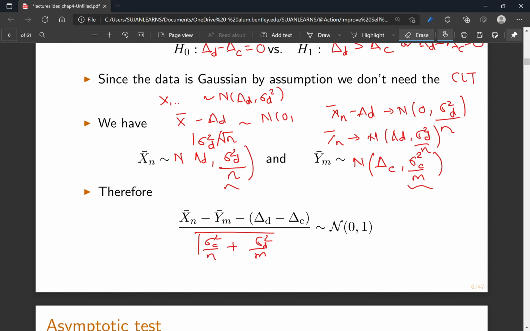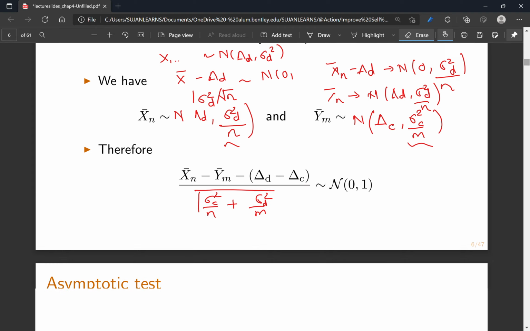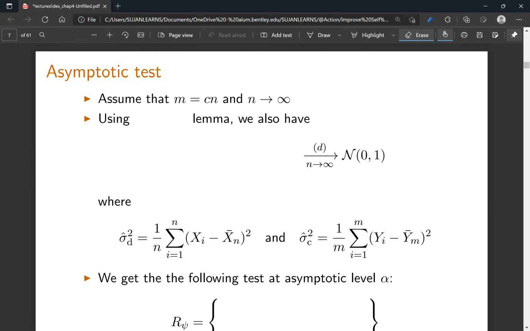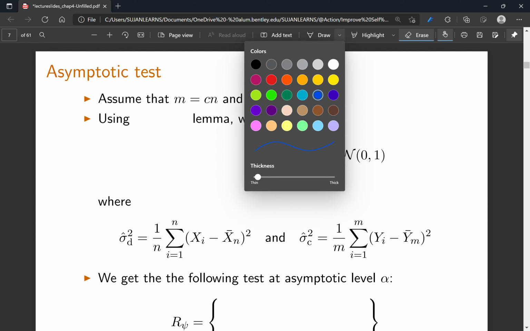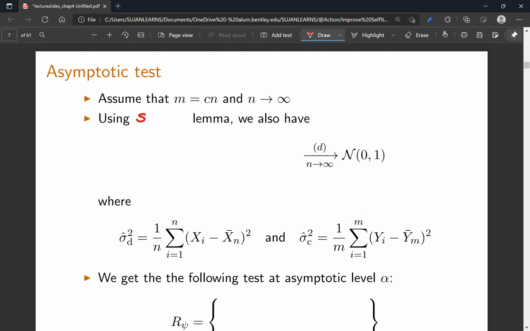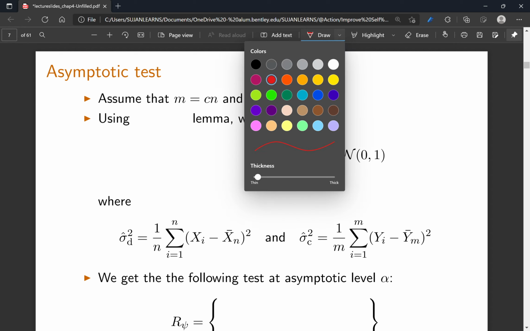How do you do that? We can do that using a theorem or a lemma called Slutsky's lemma. Let me make some correction here.